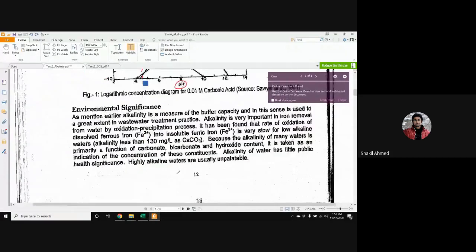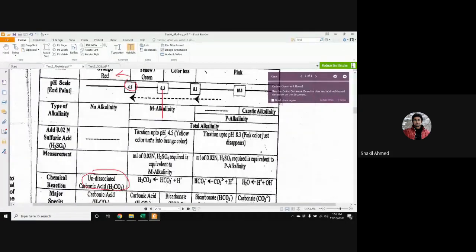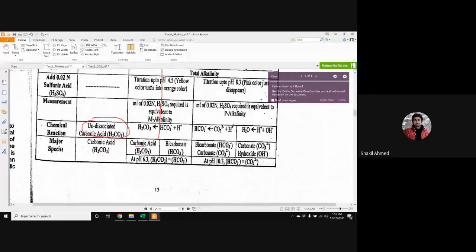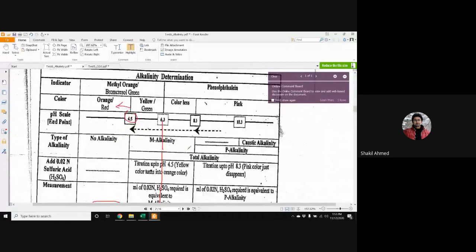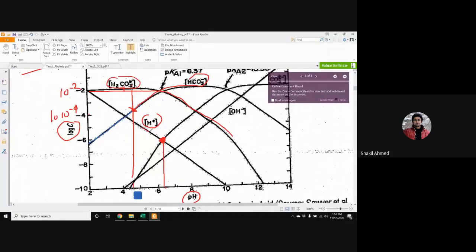And you can see at pH 6.3, carbonic acid is equal to bicarbonate. Let's look here. 6.3 is here, around this is 7.